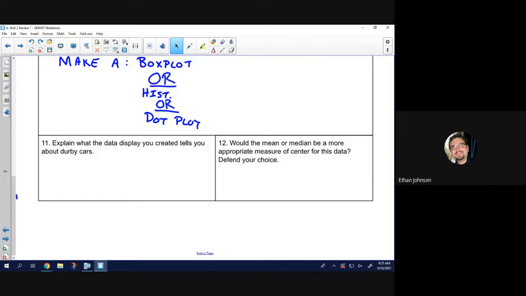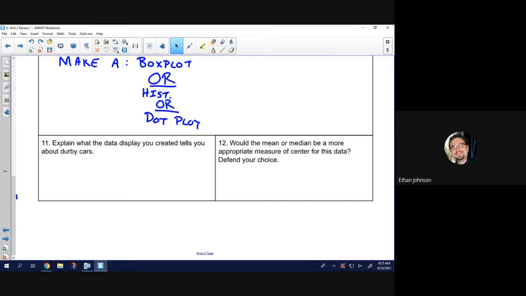Also, a box plot shows you the maximum and minimum, as well as the median. So depending on what you make, state what you used. State what it helped you find. Once again, refer back to the front page bottom question.